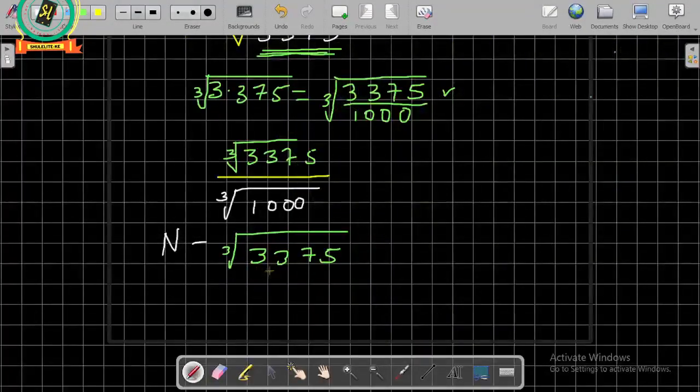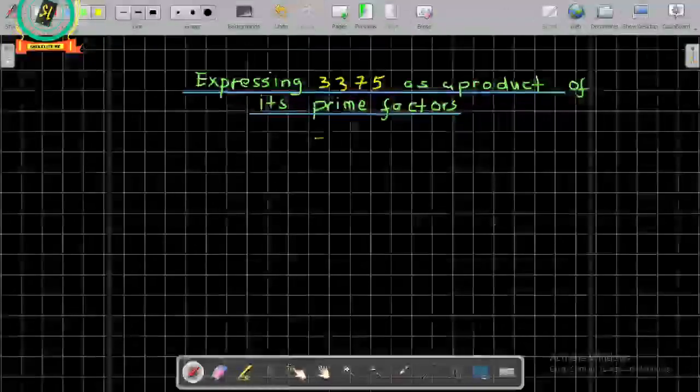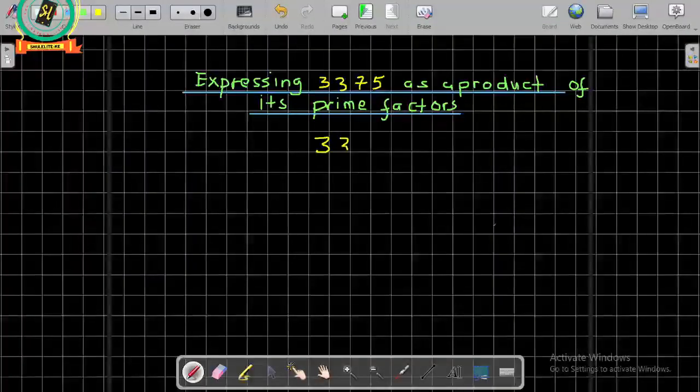We are going to express 3,375 as a product of its prime factors. We're going to have our tree diagram like this one here.